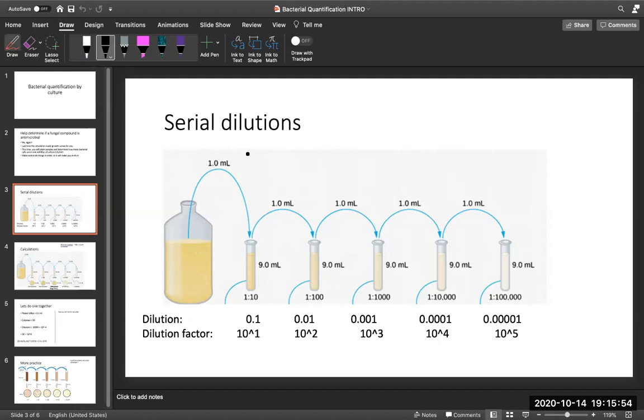So in this first dilution, you took 1 mil of your stock and you put it into 9 mils broth. And so that would mean you put 1 mil in, and there's a total volume of 10 mils. And so that's how you get the 1 to 10 ratio here.